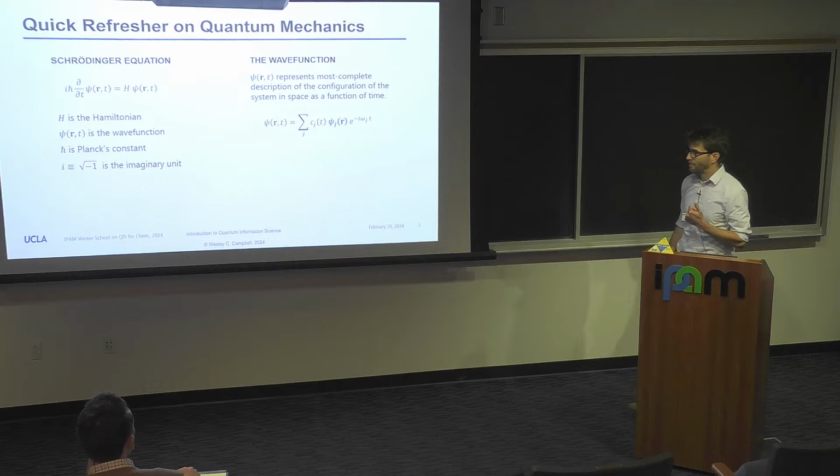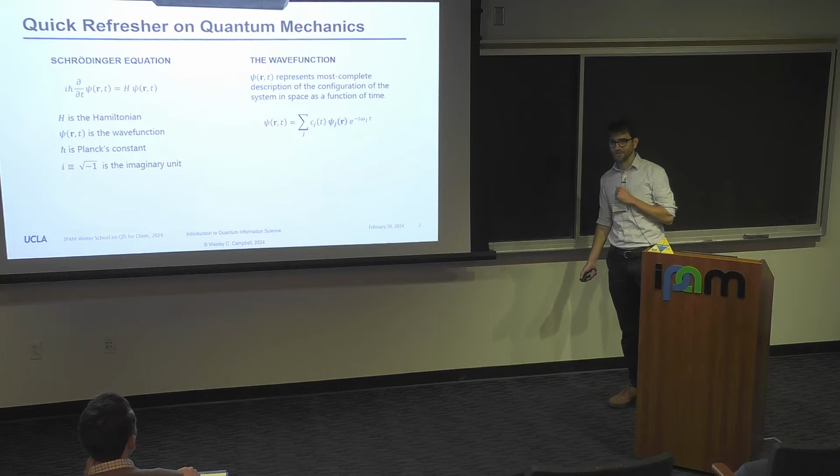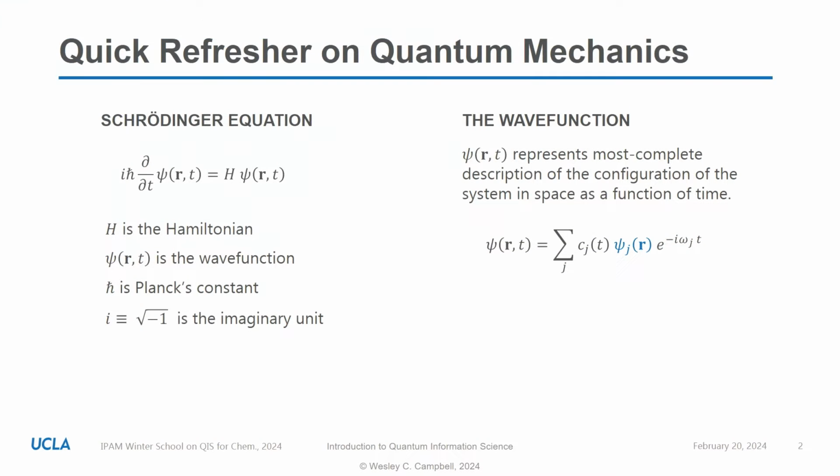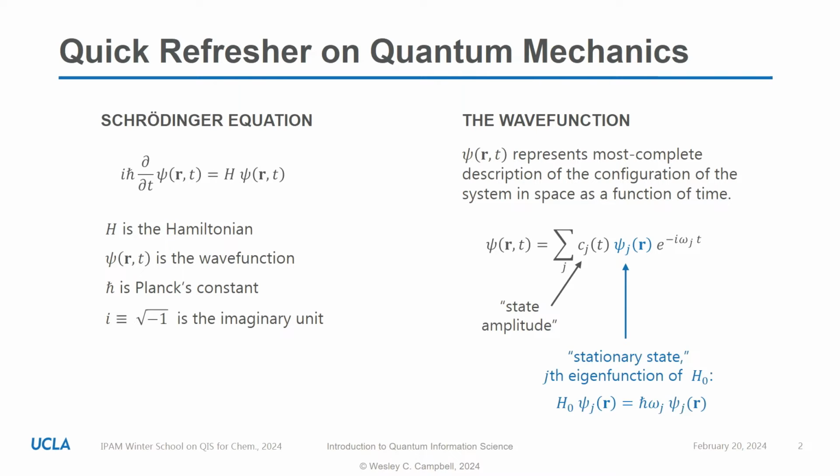Probably the most convenient representation that you'll see is something like this, where we expand our wave function in terms of stationary states. So here we have some kind of an amplitude. This might be a complex valued function of time. We have a stationary state here. So this is an eigenfunction of some Hamiltonian that we deem to be a convenient Hamiltonian to use to write this thing out.